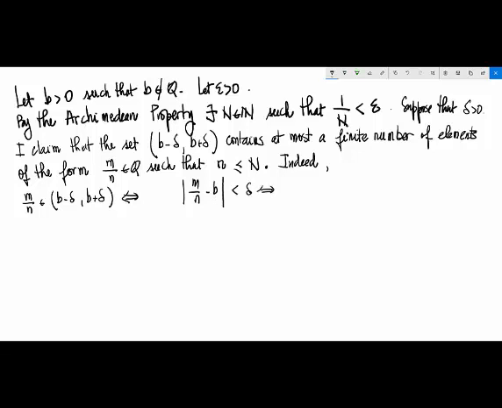And here's an easier way of writing it. It means that b minus delta is less than m over n, which is less than b plus delta.